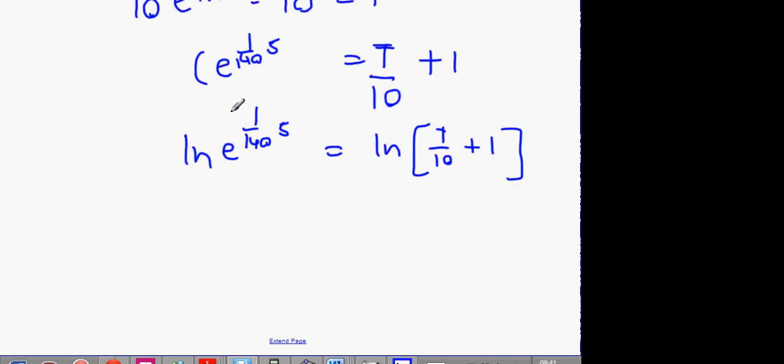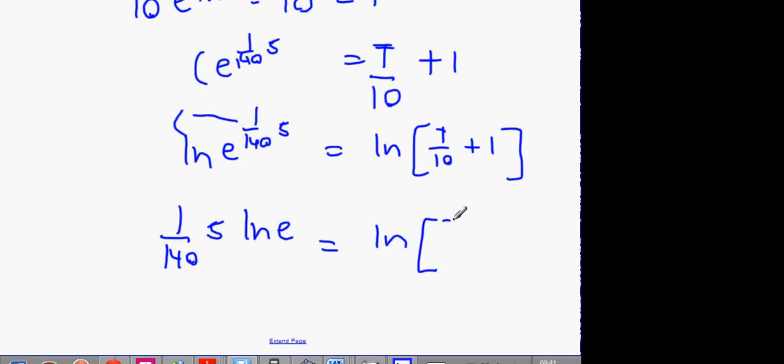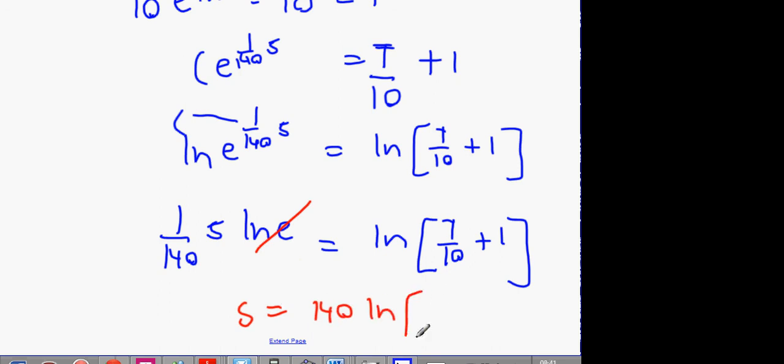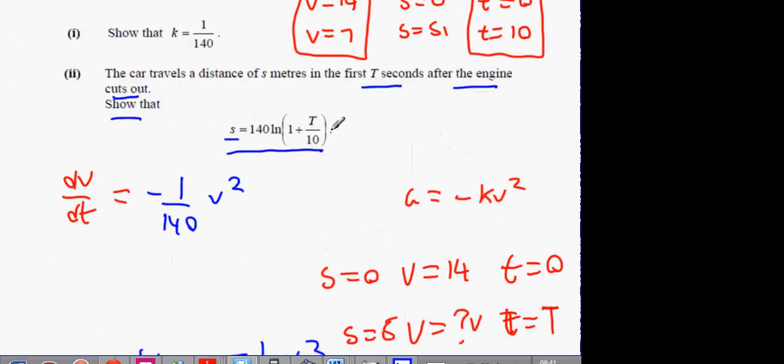Then I'm going to bring the S over 140 to the front using the power rule of logarithms. ln e is 1. Bring up the 140, and we get S equals 140 ln of t over 10 plus 1. That's what I was looking for.